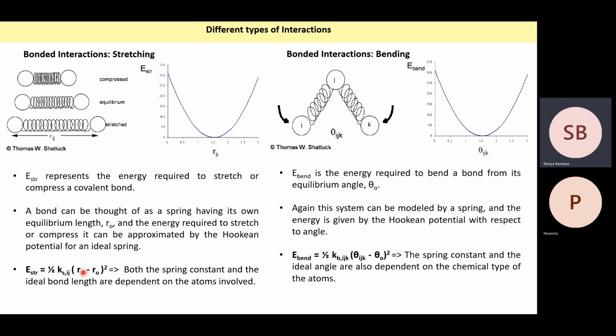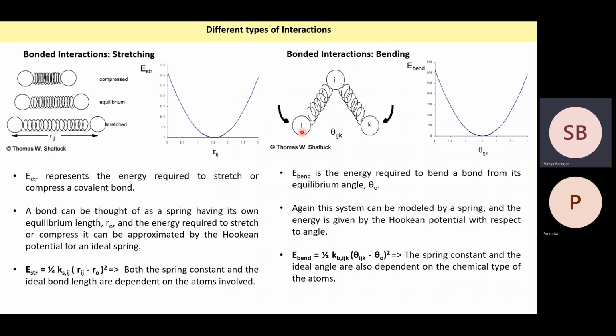Rij is the bond length at any particular point, and R0 is the equilibrium bond length. So as you can see, as the Rij either increases or decreases from the equilibrium bond length, the energy of stretching will increase.